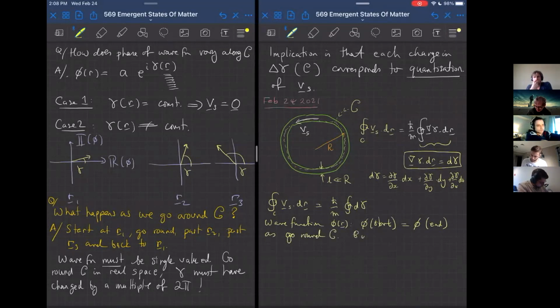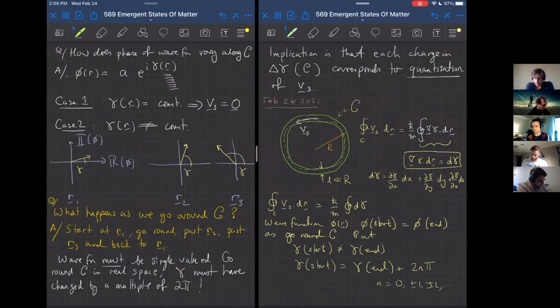But that means that gamma at the start does not have to equal gamma at the end. In fact, all that we require is that gamma at the start is equal to gamma at the end plus some multiplier, some 2nπ, where n can be 0, plus or minus 1, plus or minus 2, and so on and so forth.